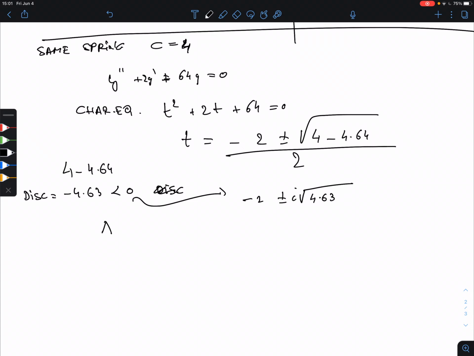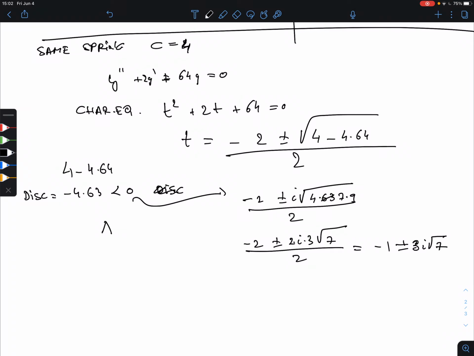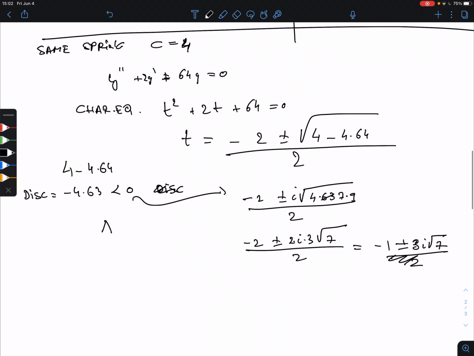That is 7 times 9, so we cannot completely calculate it. It's not the best choice of number, but okay, they did as well as they could. The 3 comes out, radical 7, divided by 2. We can divide everything by 2, so we get minus 1 plus or minus 3i radical 7.